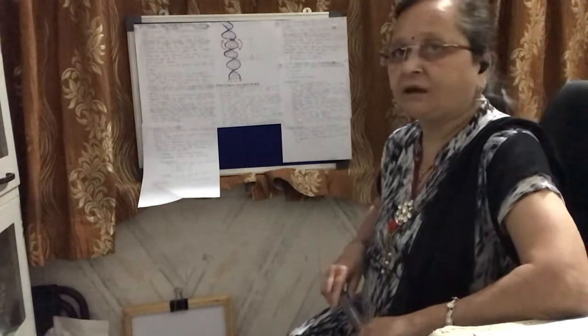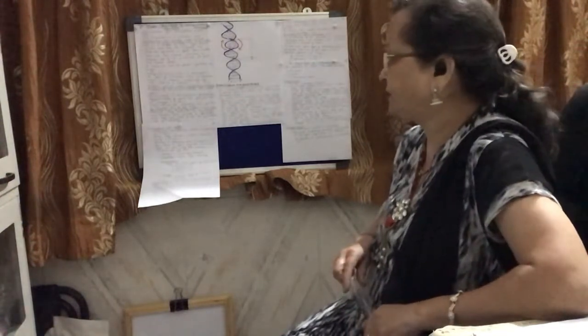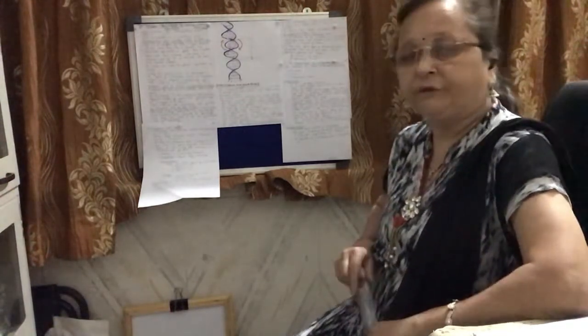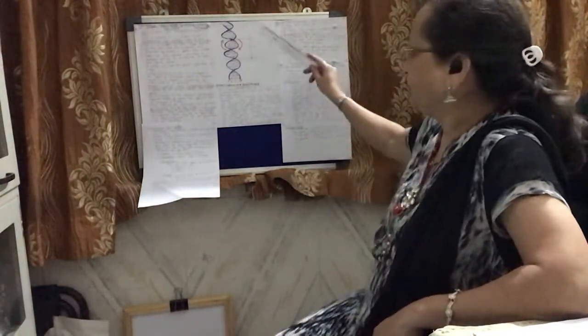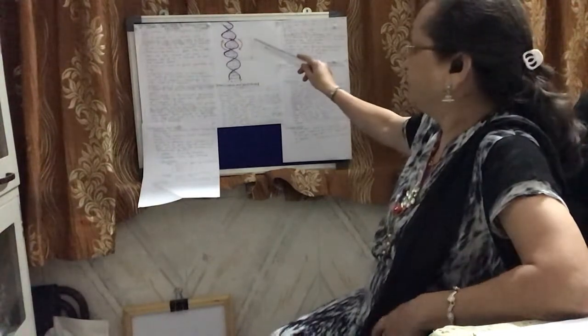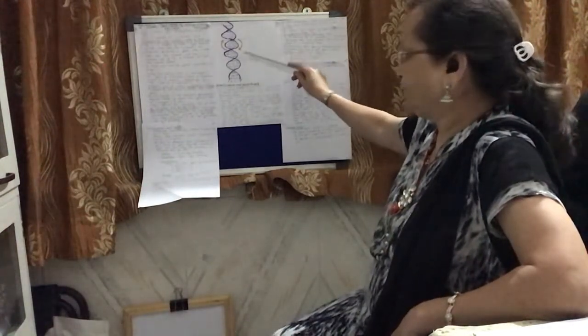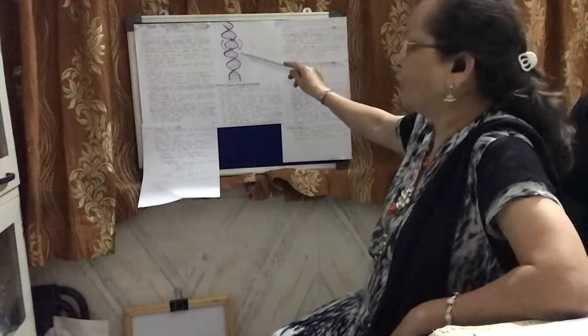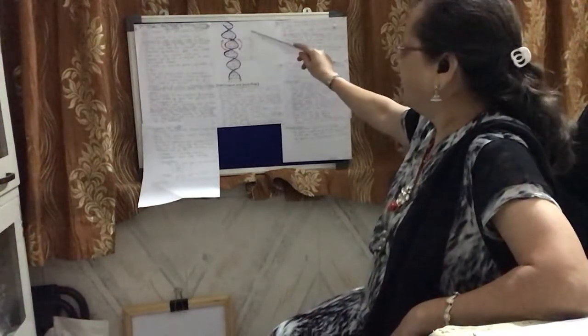So students, I hope you all understood what we have learned in today's class. Let's revise once more. We have learned about the detailed structure of DNA, about the turn, grooves, and loops.